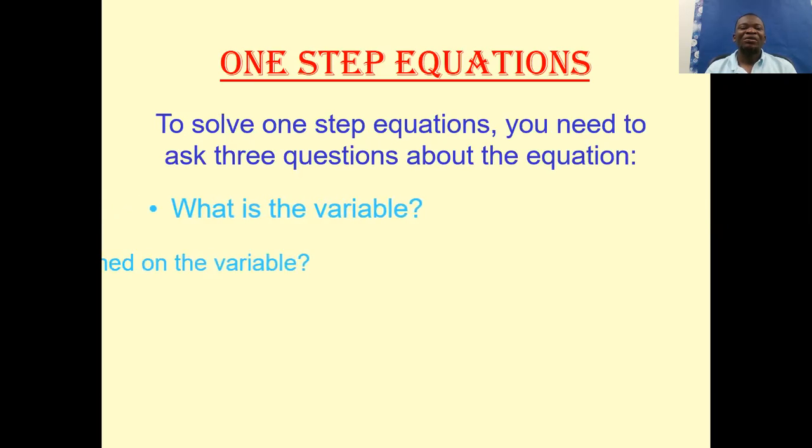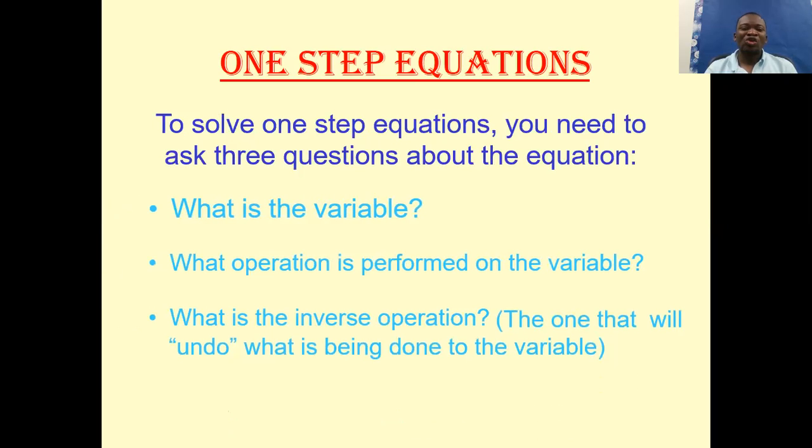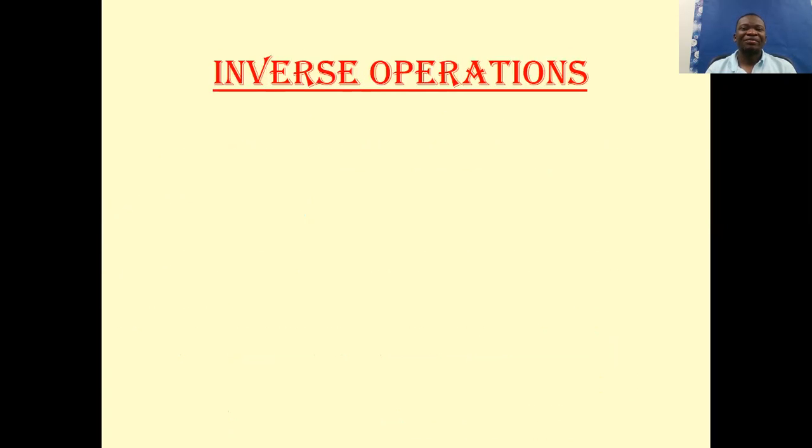What is the variable? What operation is performed on the variable? And what is the inverse operation that will undo it? If you talk of inverse operation, what is an inverse operation? Basically, inverse operation means the opposite of that operation.